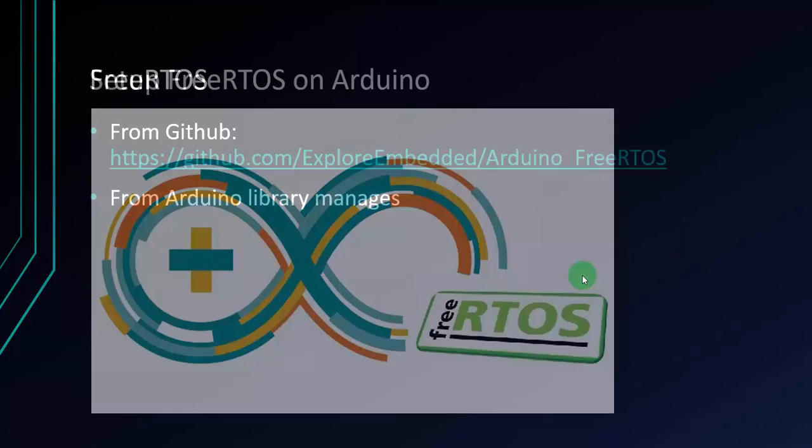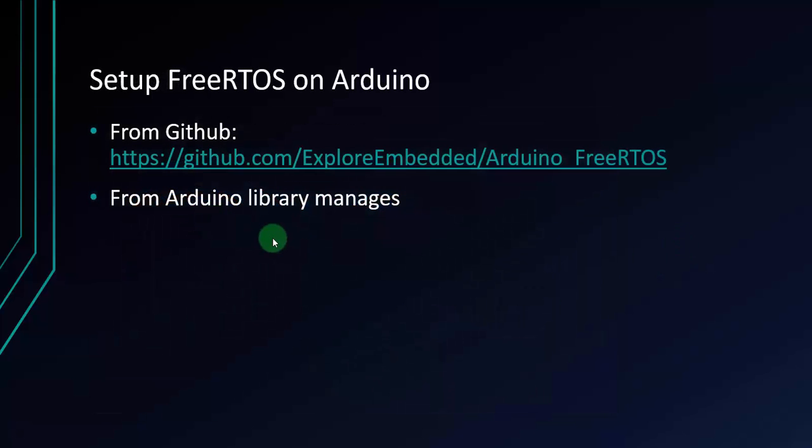There are two ways to download FreeRTOS for your Arduino. The first one is from GitHub. You can follow this URL and download a zip library from GitHub, or we can download from the library manager in the Arduino IDE. First I will show you how to download from GitHub.